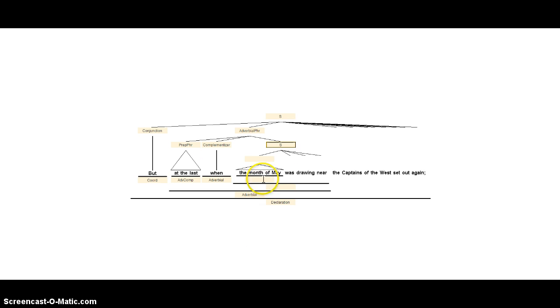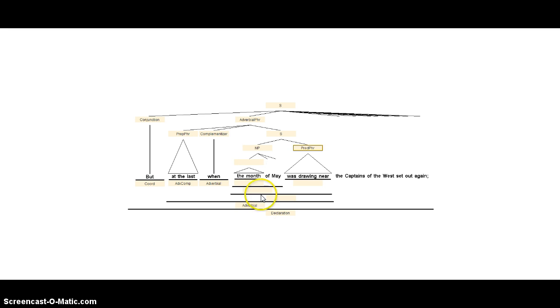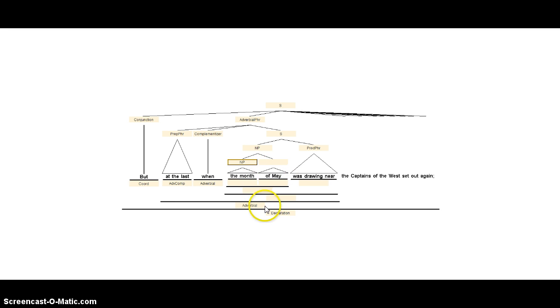So this is its own individual sentence with the noun phrase, the month of May, and the predicate phrase, was drawing near. We can further split down the noun phrase into 2 parts. The month, which is another noun phrase, and of May, which is a prepositional phrase.